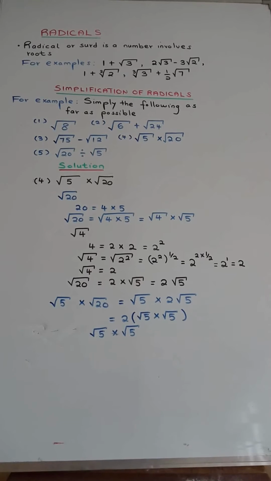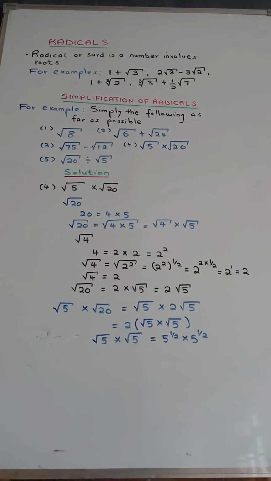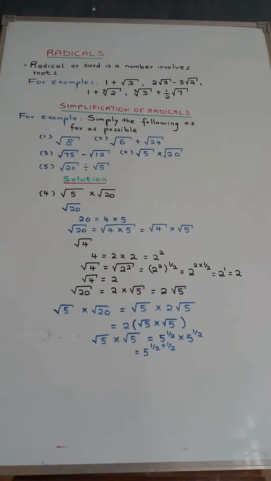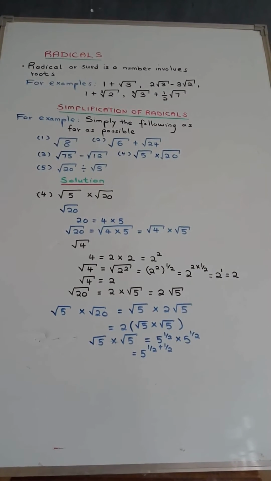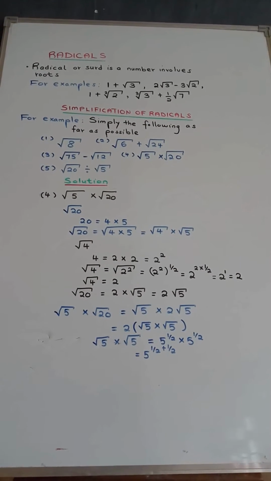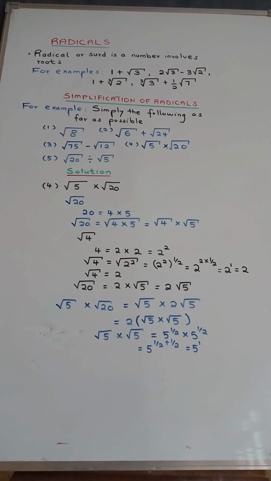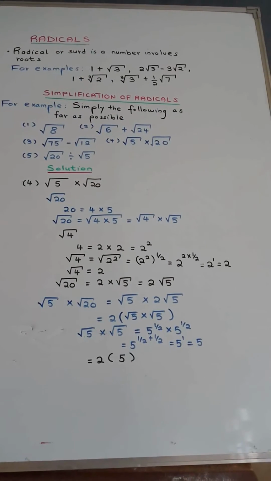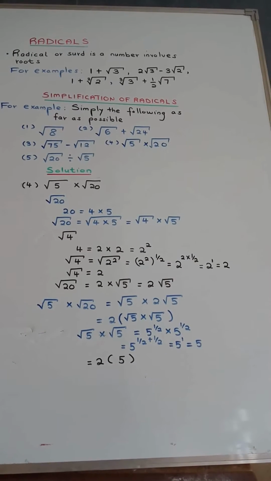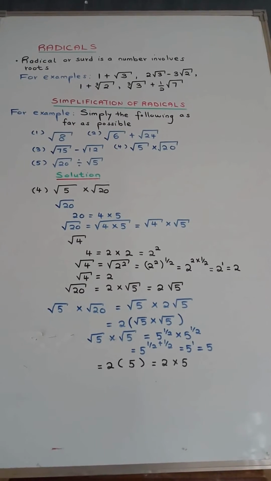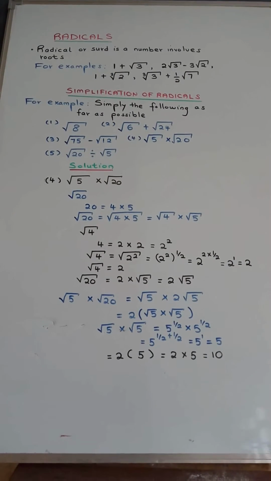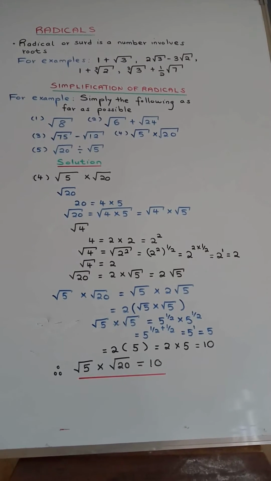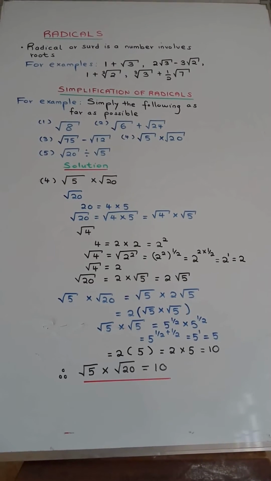Radical 5 times radical 5 is equal to 5 raised to a half times 5 raised to a half, which is equal to 5 raised to a half plus a half, which is equal to 5 raised to 1, which is equal to 5. So it is equal to 2 in the brackets 5, which is equal to 2 times 5, which is equal to 10. Therefore, radical 5 times radical 20 is equal to 10.